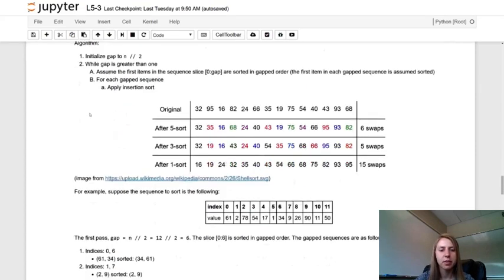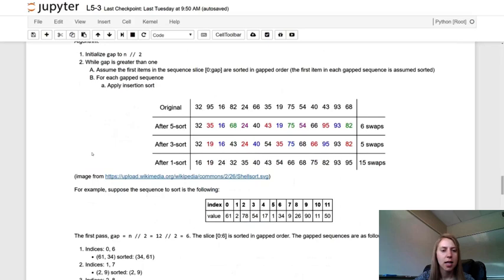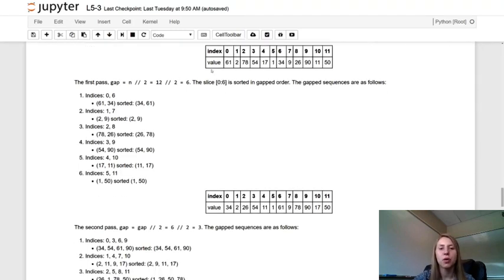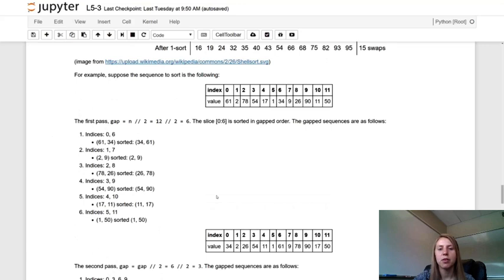So here's an example here, but I also walk through a sequence to sort for shell sort, one pass at a time. So I'm not going to go through this example verbally in the video because I wrote it so that it's standalone and you can follow through at your own pace.